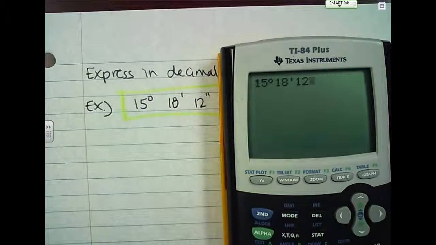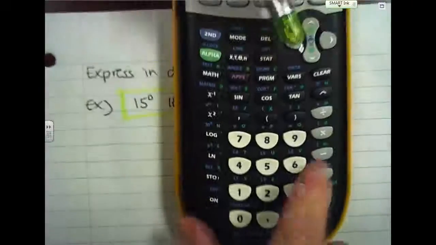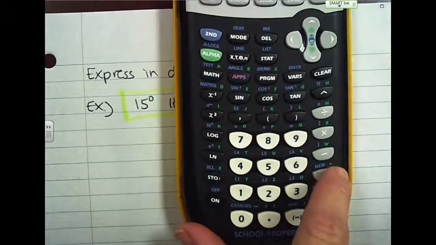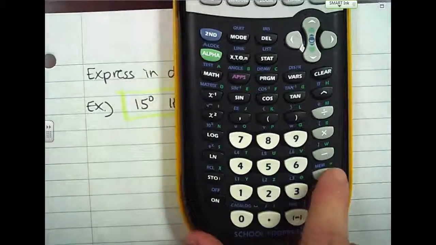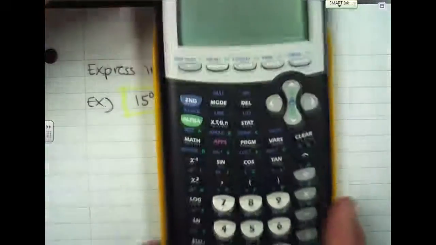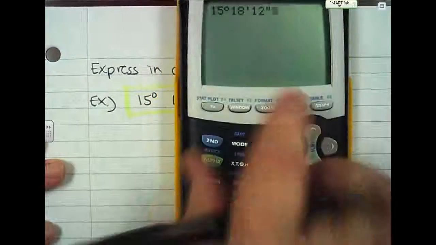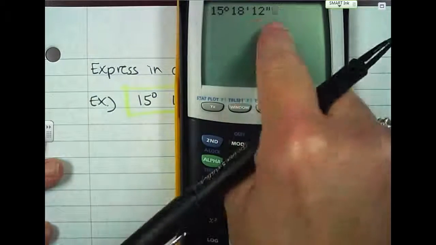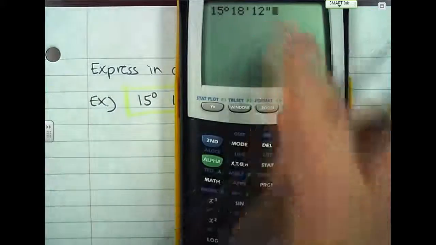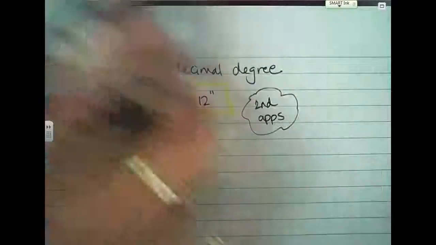Do you see the seconds above the plus symbol? Here's the plus symbol, and you'll see the little 2 marks. What color are they? Green. So you go to alpha plus. That's in degrees, minutes, and seconds. We want to turn it into a decimal, so just hit enter. 15.3.